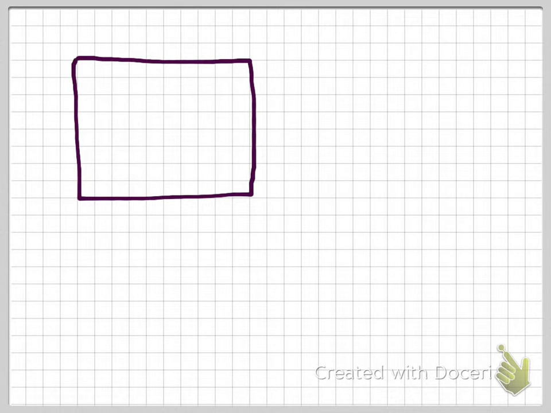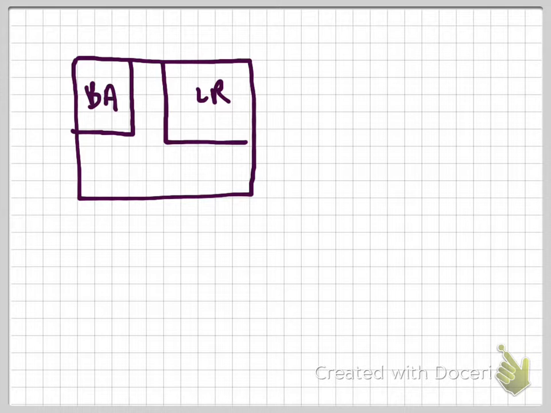One way to think about area might be to think about rooms in a house. If I drew a very simple floor plan of a house, something like this, and I said, okay, this is going to be the living room, this is going to be the bathroom, here's the hallway, and then there is a bedroom here and a dining room here, a kitchen here.